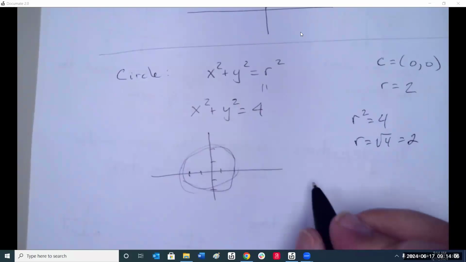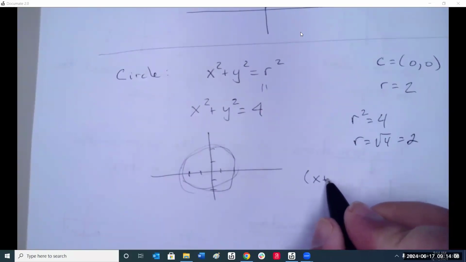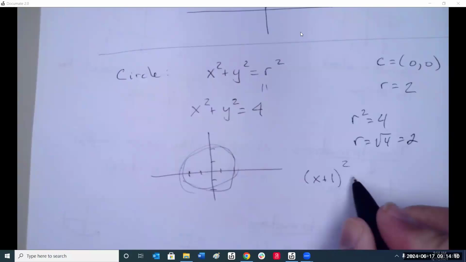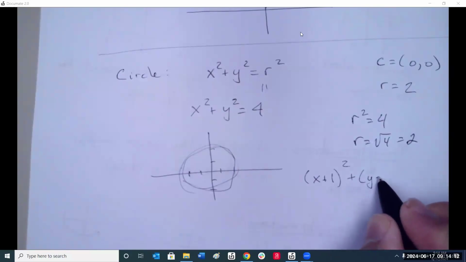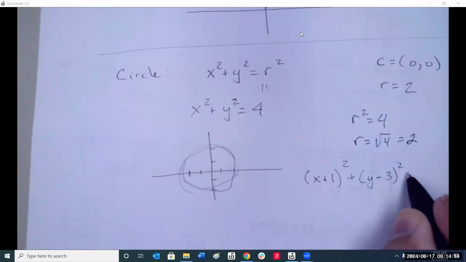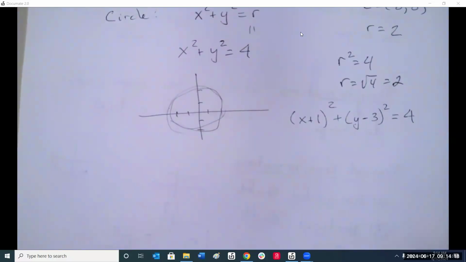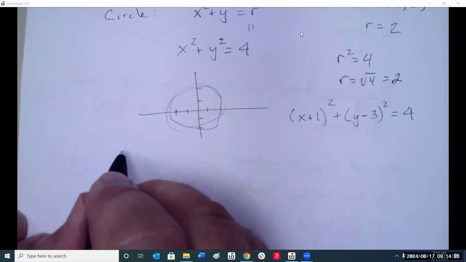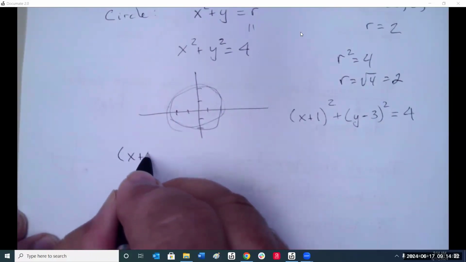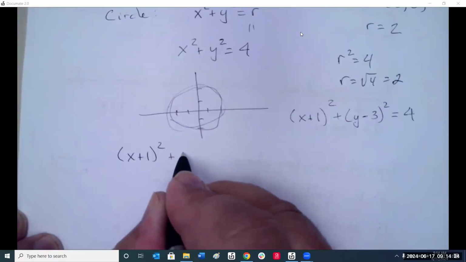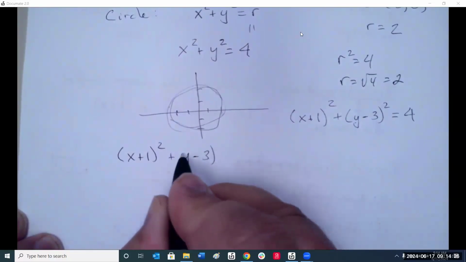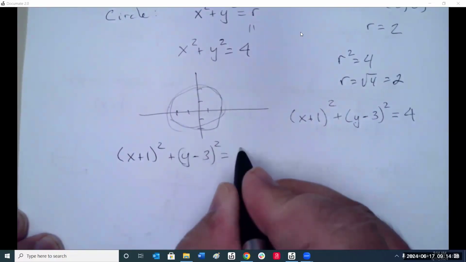The same radius. Let me put that over here. This new equation: x plus 1 squared, y minus 3 squared equals 4.